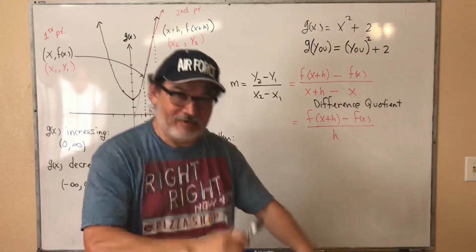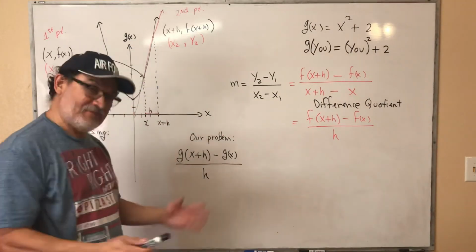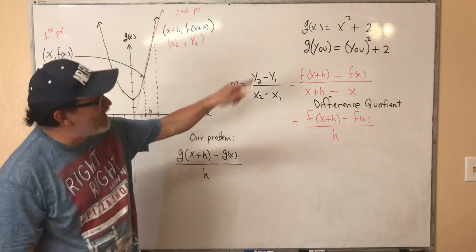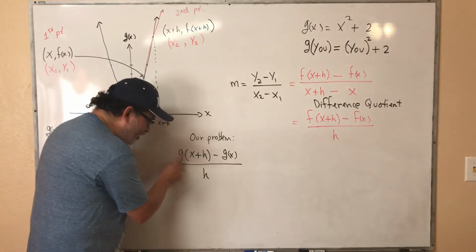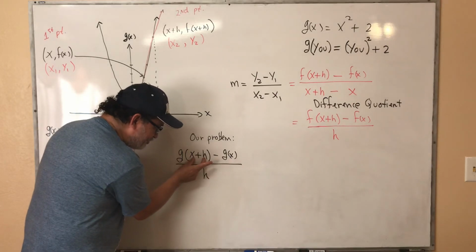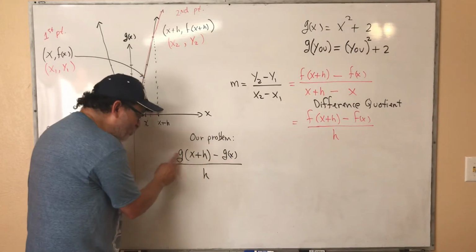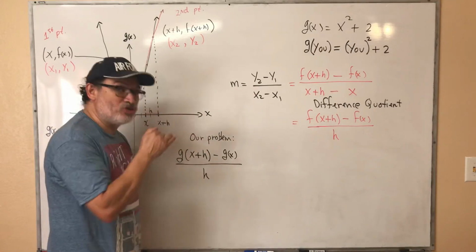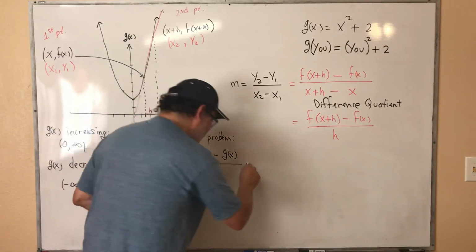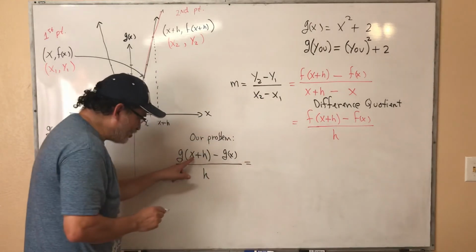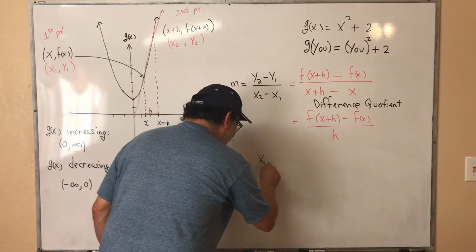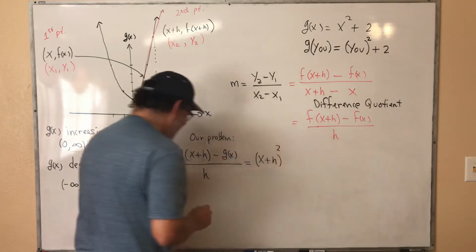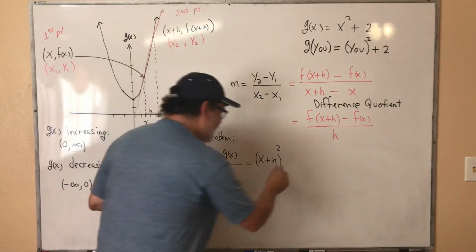Whoever you are. Seeing that, what will G do to this? G will take this, x plus h, square it, and then what else?